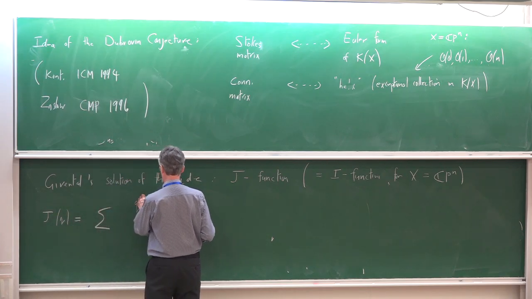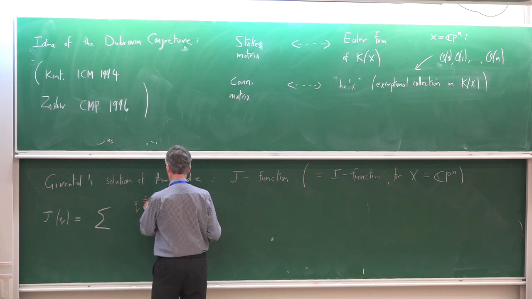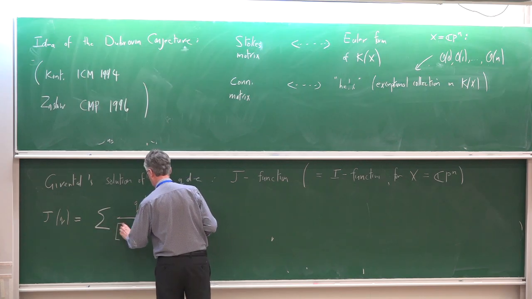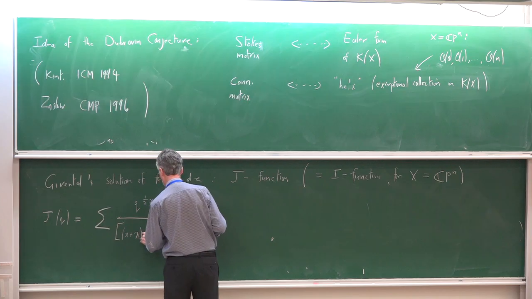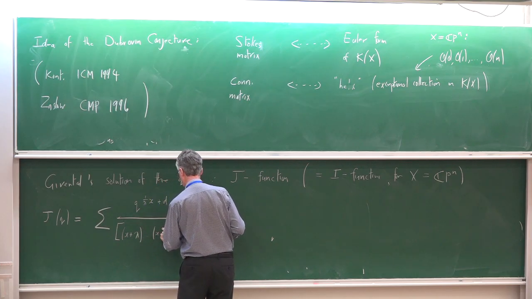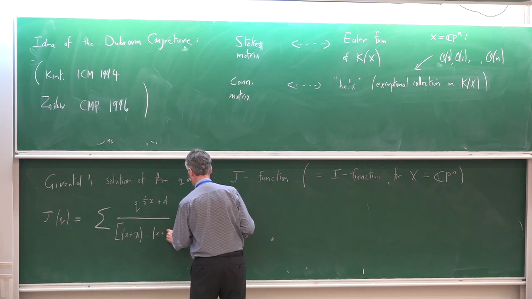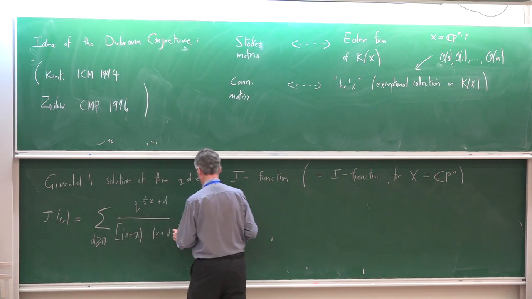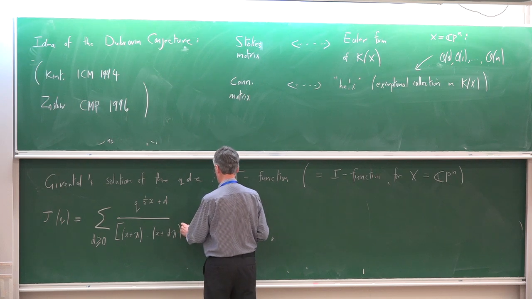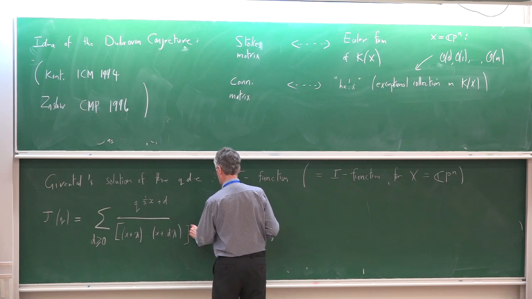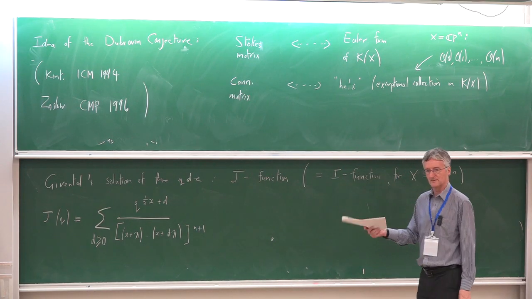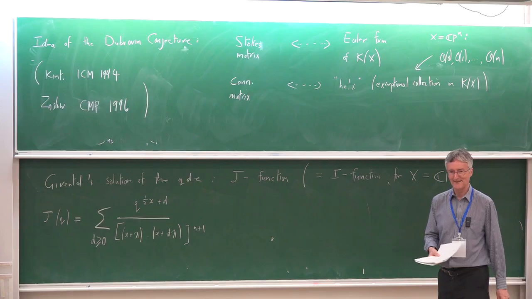So Q to the 1 over lambda x plus d. D is an integer, non-negative integer. Yeah, I'm keeping lambda for the moment, but I will put lambda equals 1 shortly.